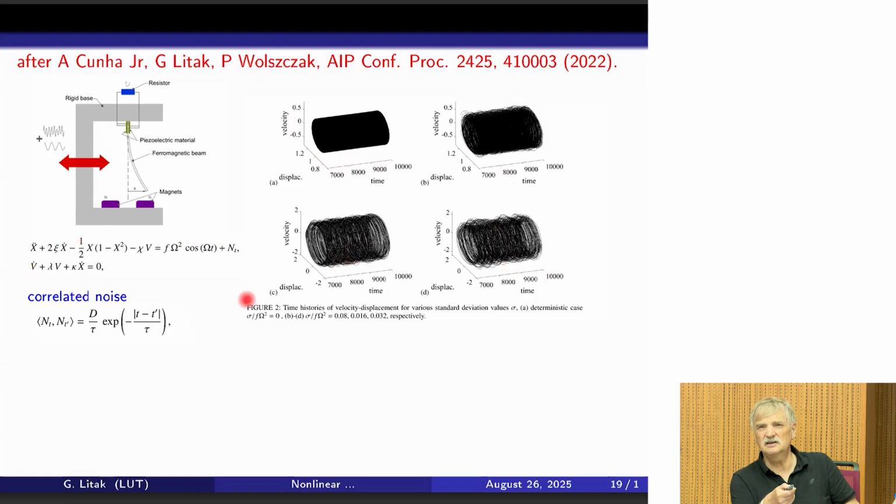So the equation was like I discussed yesterday, but there is some difference in the restoring force. The restoring force is now for a bistable system. So you have a different mechanical potential, and when there is a potential barrier, you overcome it if you have enough noise. But simultaneously, you can also switch between solutions.